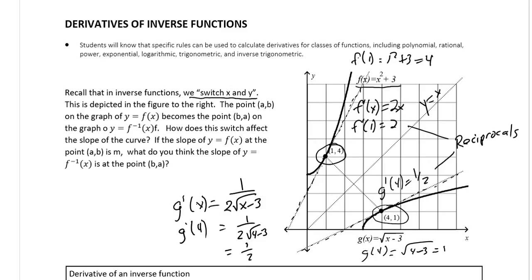Another thing we have to know about when we're doing derivatives of inverse functions: we have a point right here on f of x that has a horizontal tangent line. Right, that's 0. So f prime of 0 is 0. So the reciprocal of 0, 1 over 0, we can't do that. We can't take the reciprocal of 0. What it means is that for the point that corresponds to that point on g, we can't take the derivative there.